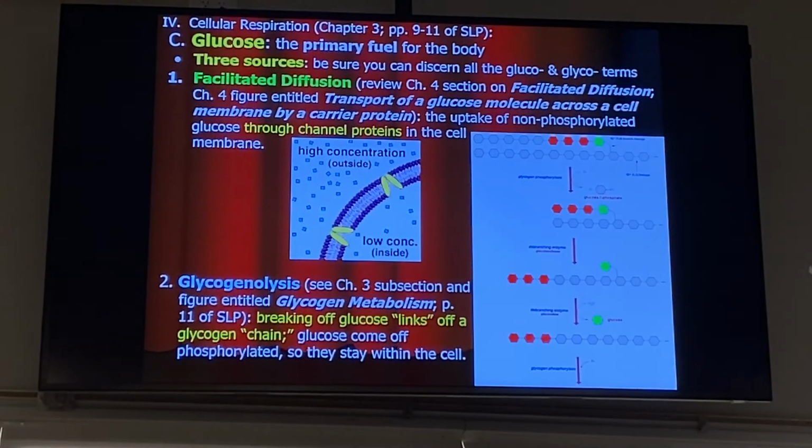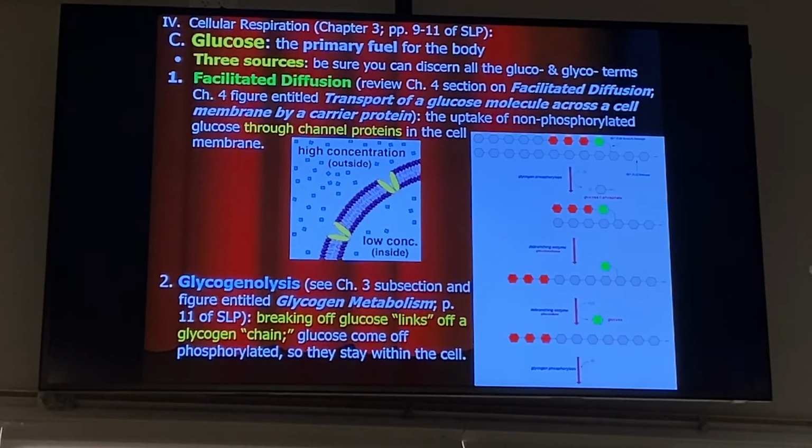Okay, we're going to start with glucose. I'm going to build that framework first. And we have 3 sources of glucose. Facilitated diffusion through channels. Breaking off glucose links off of glycogen.